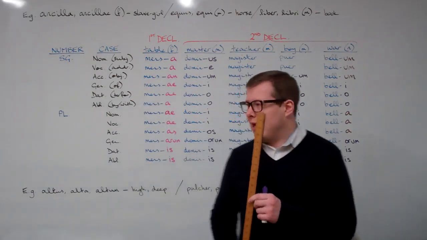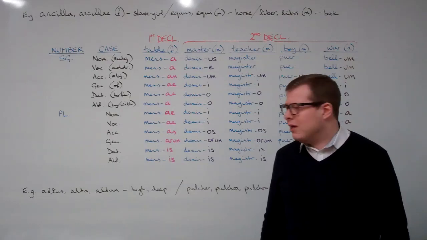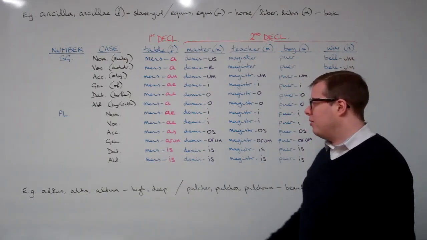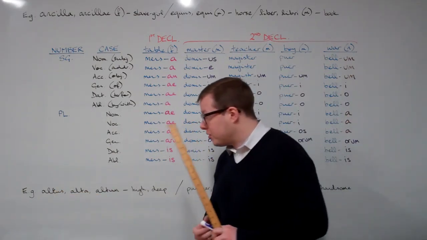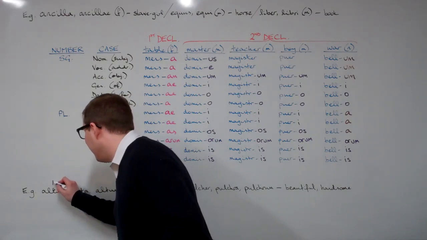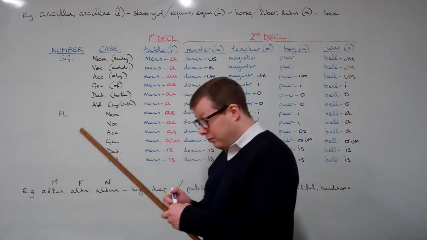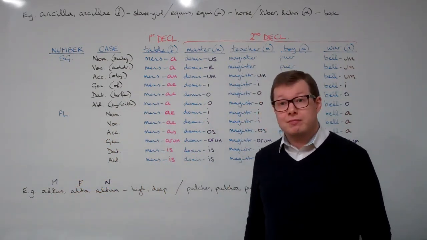Look down the bottom here at the word altus. It gives us the English word altitude, means high or deep, depending which direction you're going in. Altus, alta, altum, where those three forms are masculine, feminine, and neuter. The vast majority of simple Latin adjectives are the us types.